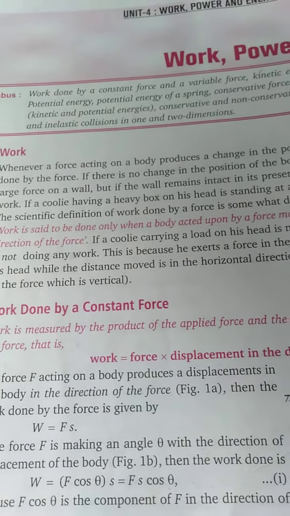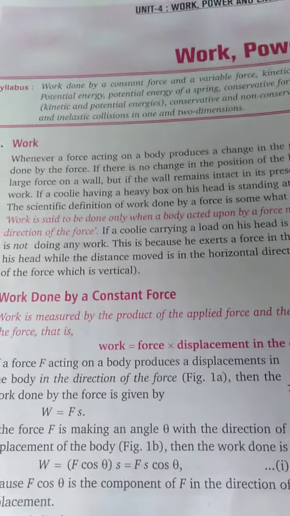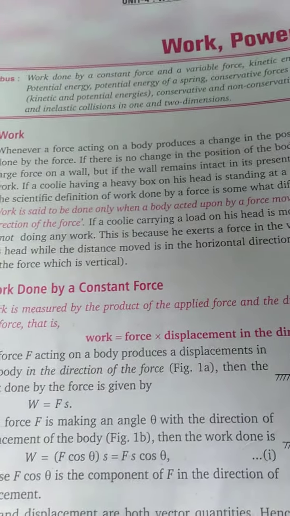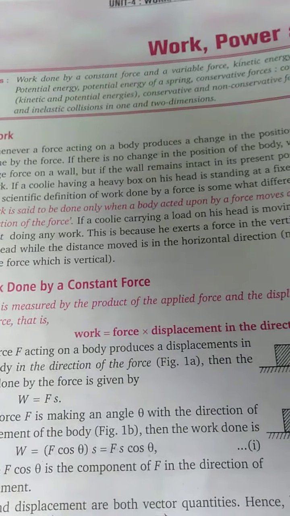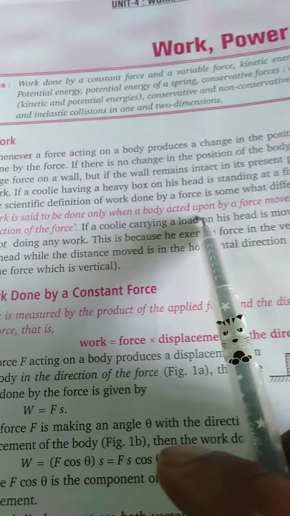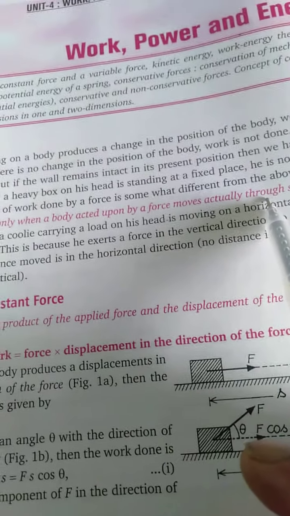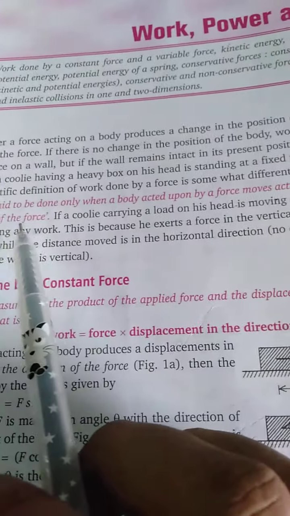Work is said to be done when a force applied on a body is able to produce a displacement. Work is said to be done only when a body acted upon by a force moves through some distance.